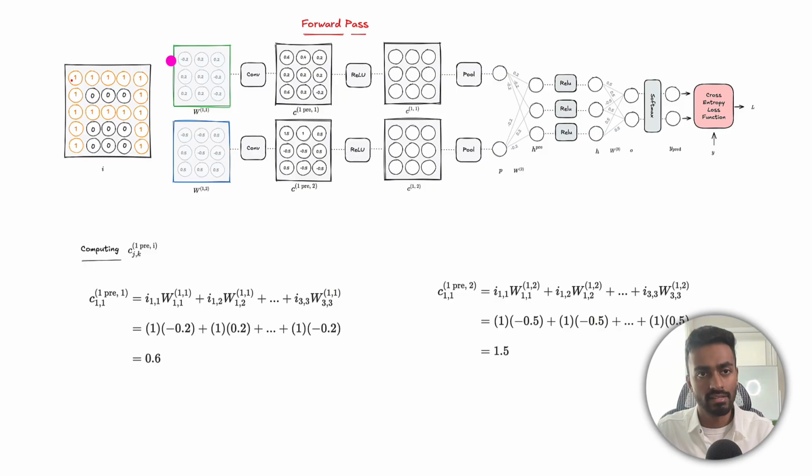So it's 1 times negative 0.2 plus 1 times 0.2 plus 1 times 0.2 plus 1 times 0.2 plus 0 times 0.2 plus 0 times negative 0.2 plus 1 times this plus 1 times this plus 1 times this. And that's how you get 0.6. And that's exactly the computation that we see over here. This is an example.